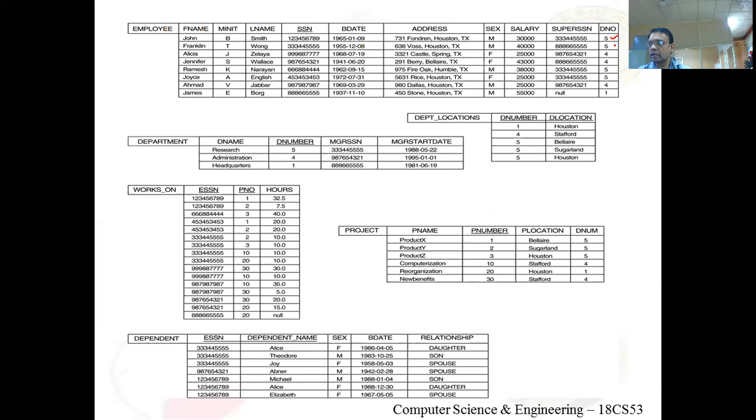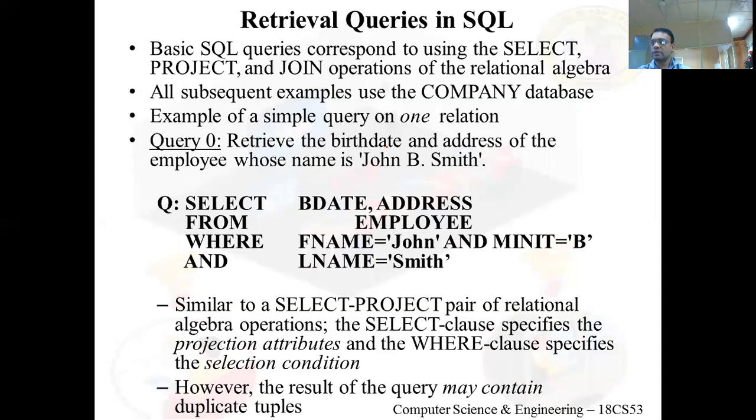That means these records, a total of 4 records, along with their salaries, will be selected. The attributes that I have selected here are SSN and salary, and the filter condition given here is department number 5.